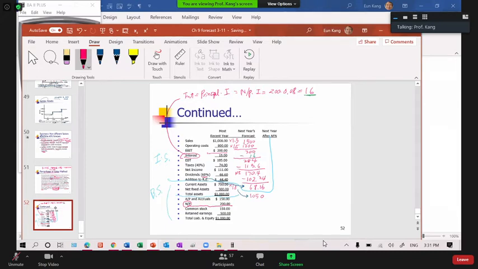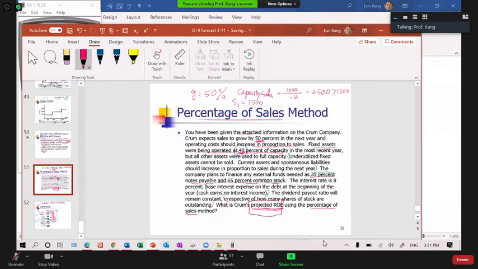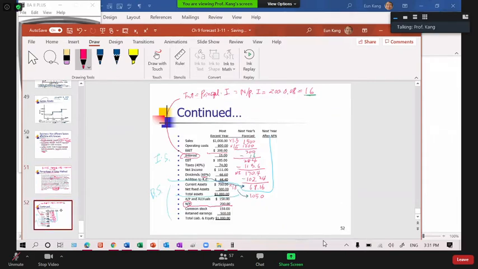Because you don't need any new fixed assets, because your new sales is less than your capacity. So this is somewhat easy, because you just use the current net fixed assets to generate new sales. So 300 is the same, very important. Then you have 1,350. This is new total assets, left-hand side.